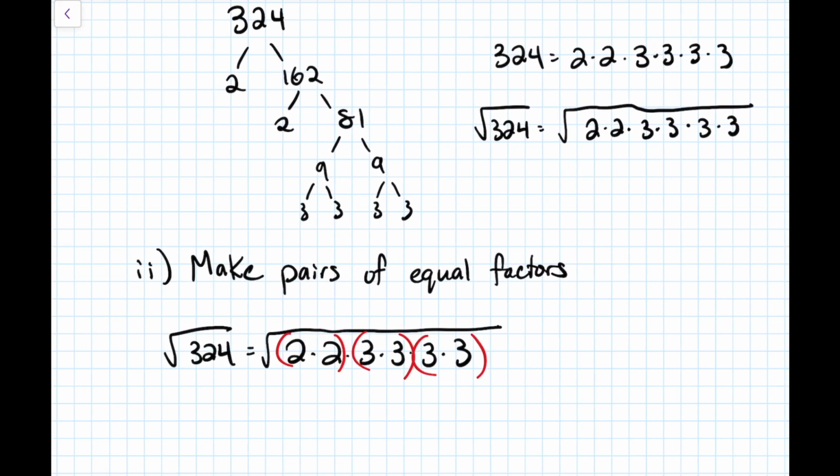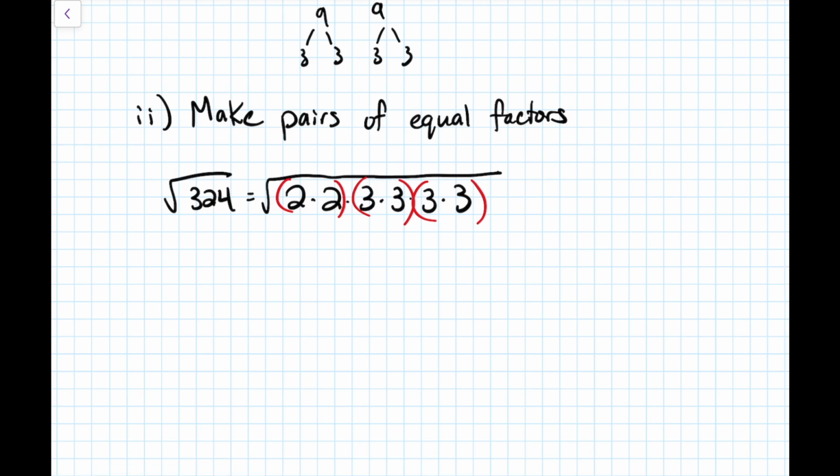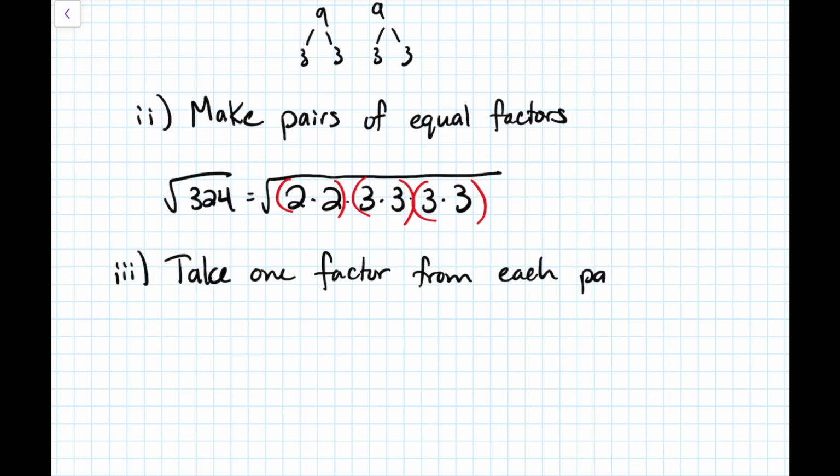What we're going to do to get our actual answer, once we've got these pairs, is take one factor from each pair, and combine them. So we're going to multiply them together.